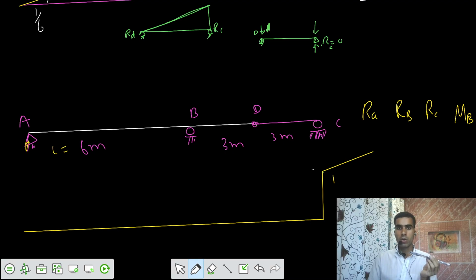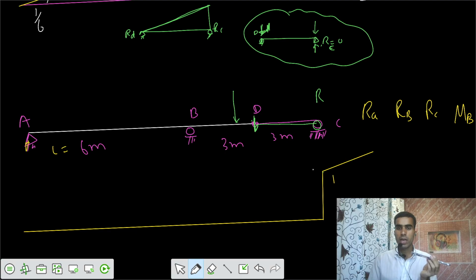Because of this, you can see from the free body diagram, if the load is just at point D, your reaction at C is 0. Similarly, if the load is somewhere here, there might be some shear force at D, but the reaction at C would be 0. For all shear forces of V at D, your reaction at C becomes 0.